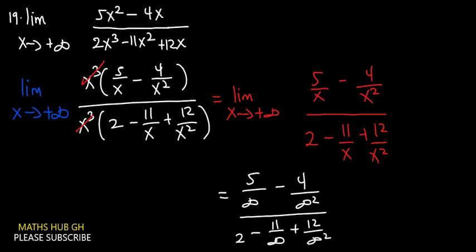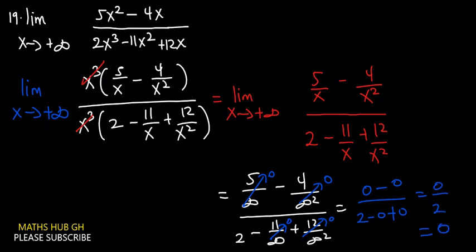From here, you will see that this value will approach 0, this will also approach 0, this value will also approach 0, and then this will also approach 0. So at the end, we are going to have 0 minus 0 divided by 2 minus 0 plus 0, which will be equal to 0 over 2, and that will be equal to 0. So that will be our answer. So let's take the next example.